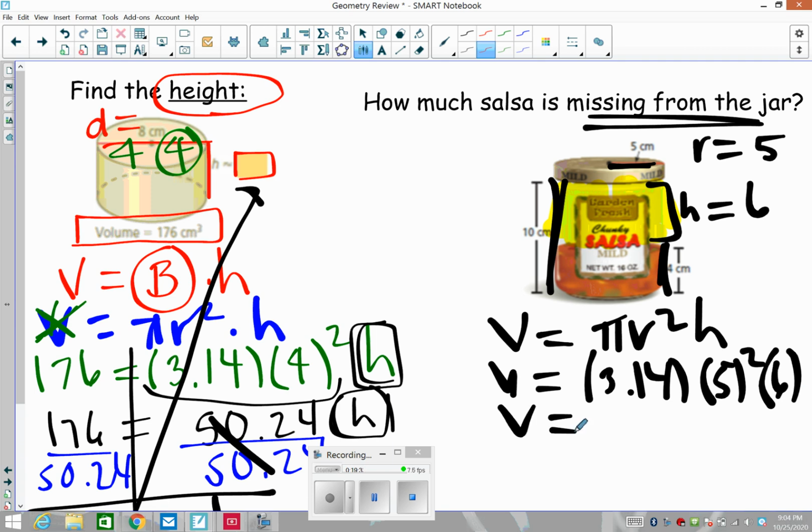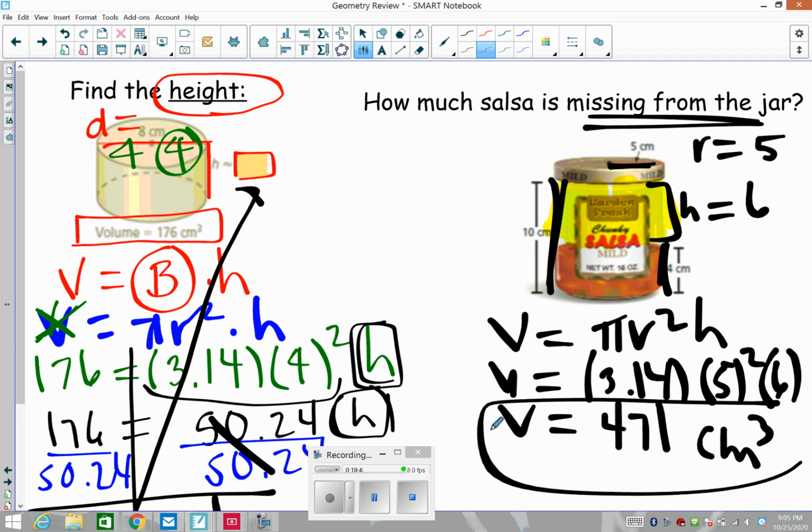So volume is equal to 3.14 times 5 squared times the missing height would be 6 is 471 centimeters cubed of volume of missing stuff from the jar in this space right here.